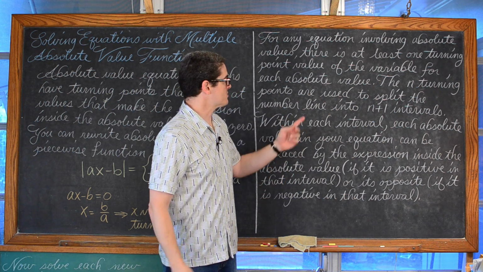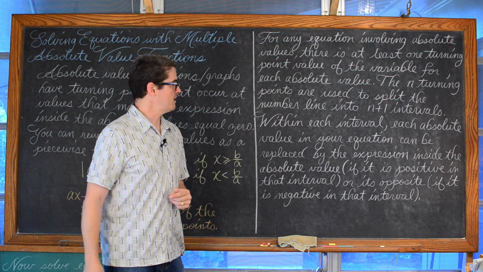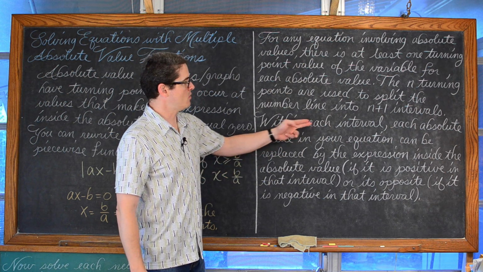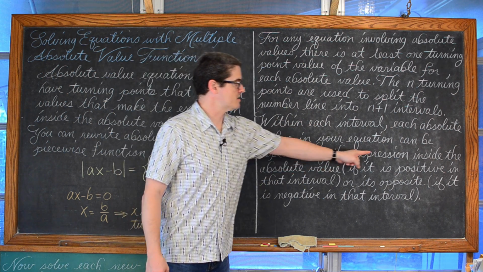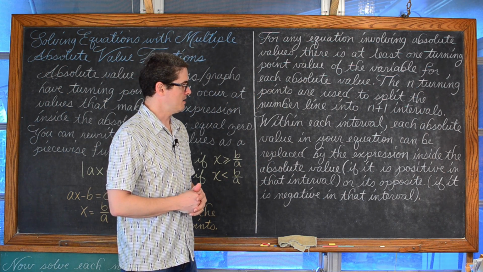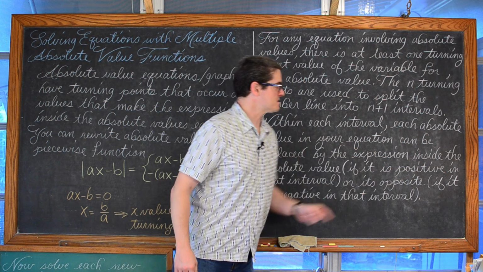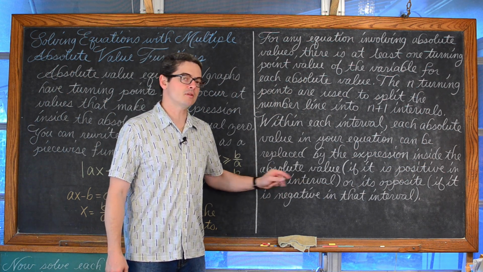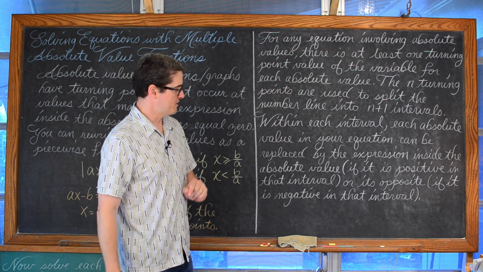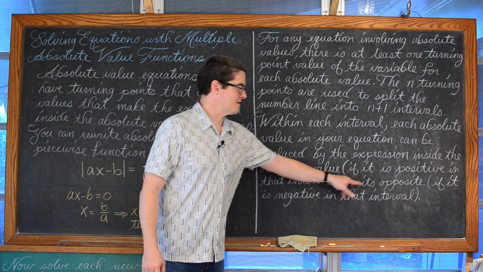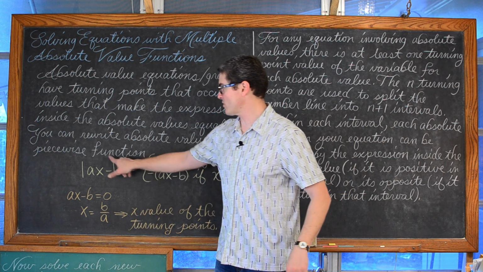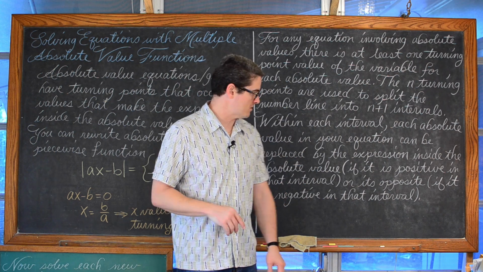Within each of those n plus 1 intervals, each absolute value in your equation can be replaced by the expression inside the absolute value, kind of like just dropping the absolute value symbol, if what's inside is positive within that interval. If what's inside the absolute value symbol is negative within this interval, then you're going to replace it with its opposite, that set of negative parentheses wrapped around the expression inside your absolute value function.